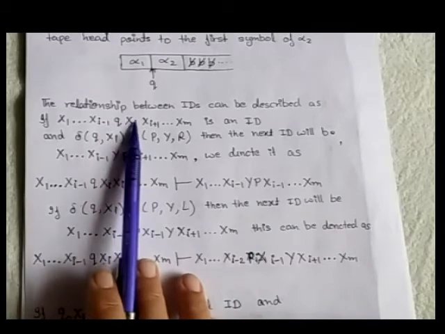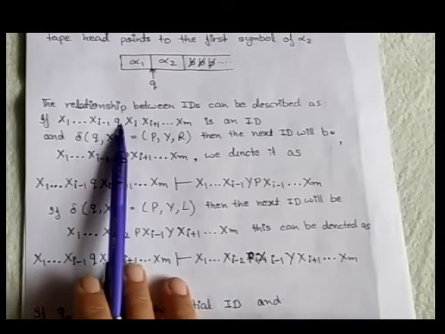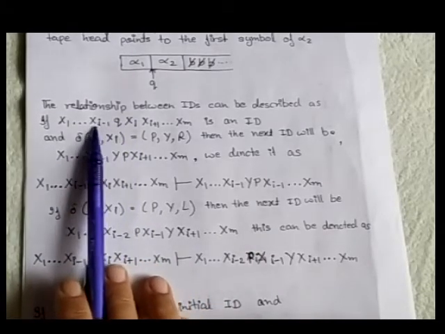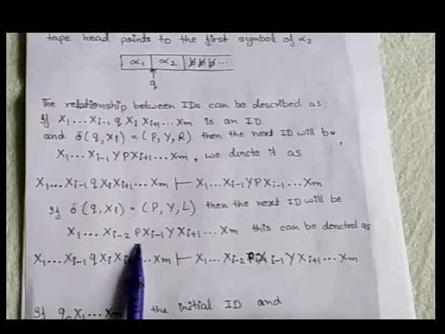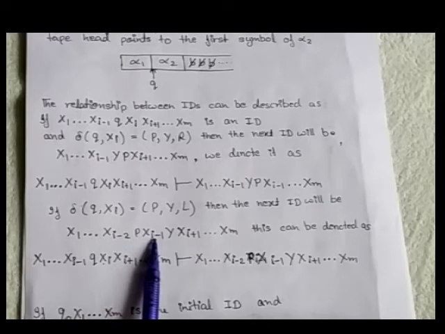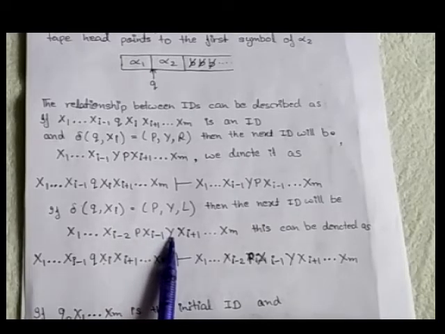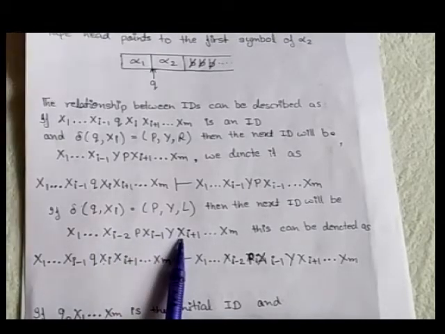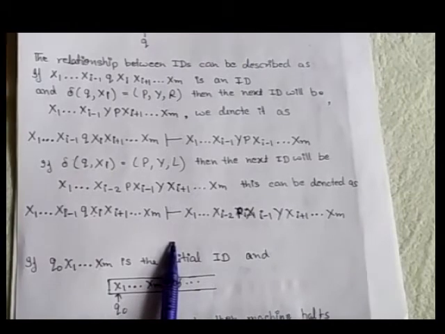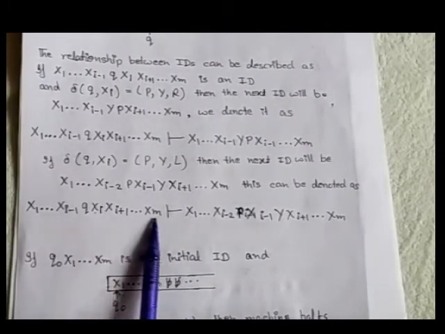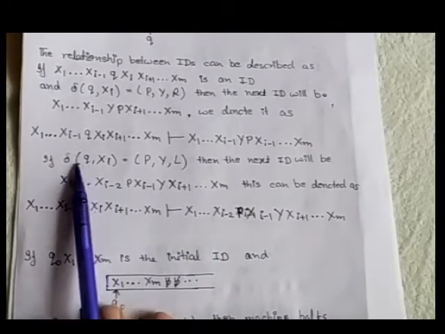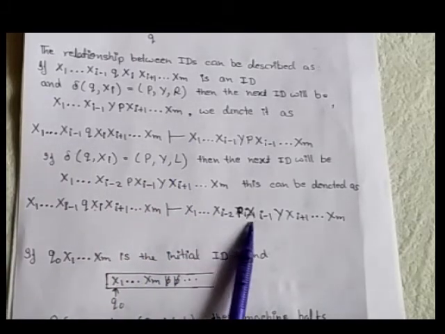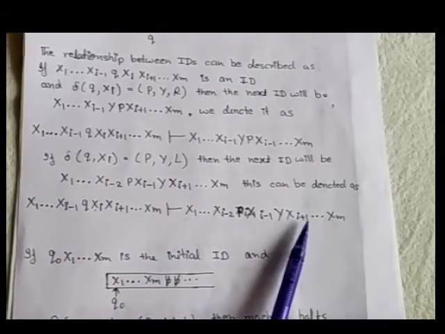When we move to the left, p will point to the previous symbol, and xi has been replaced by y. This is the next instantaneous description, which can be denoted like this. This was the previous one, and after this transition, this is the next ID.